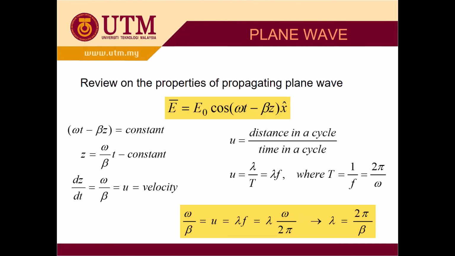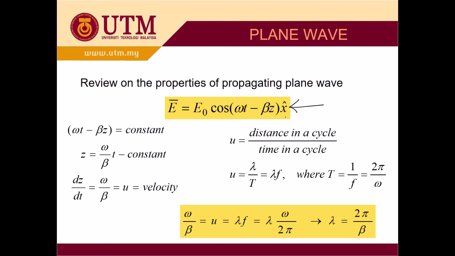So this is the final expression for the E field. When we consider all the forward directions, the E component is equal to E naught, which is the amplitude, times cos(omega t minus beta z) in the x direction.